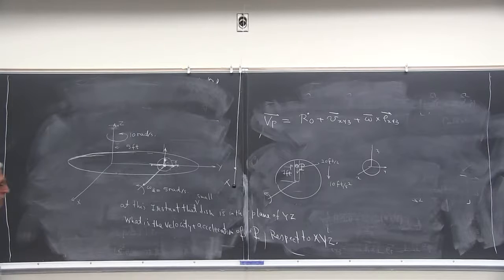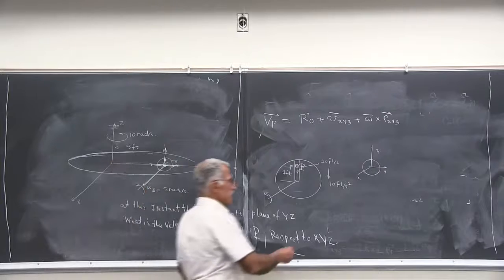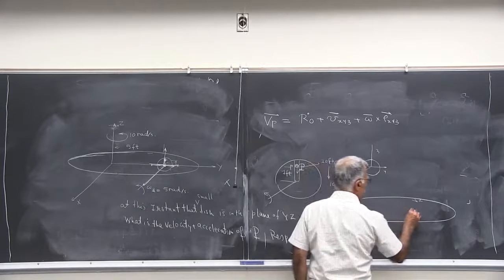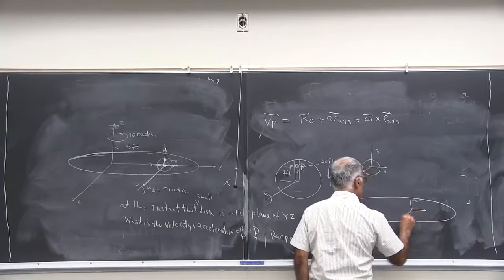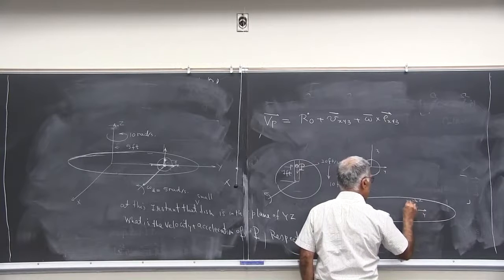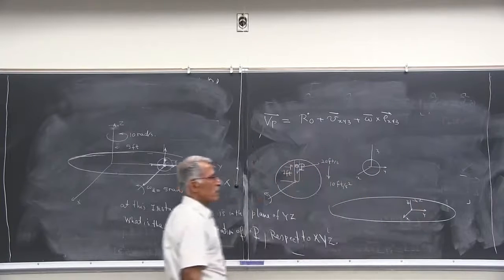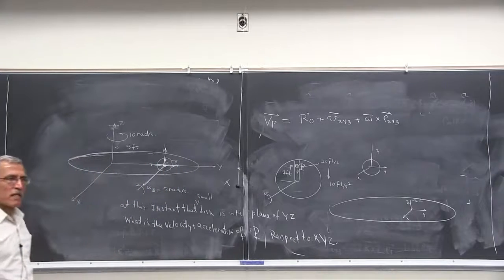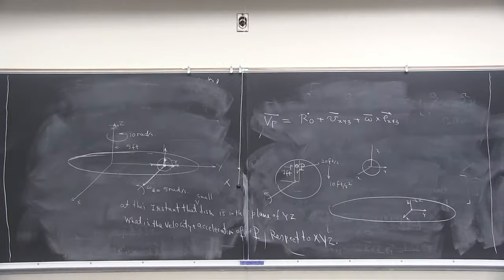So you can say no problem. This is my big disk, and this is my auxiliary reference frame, a small xyz attached here. Forget about the small disk. That is basically my coordinate system, and inside this coordinate system, the disk is rotating around the small x.